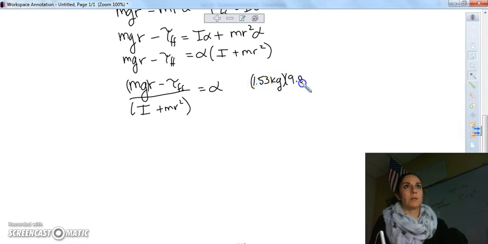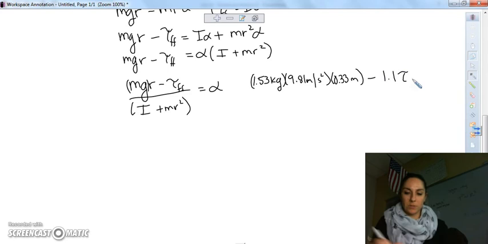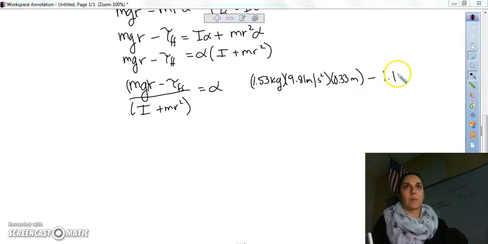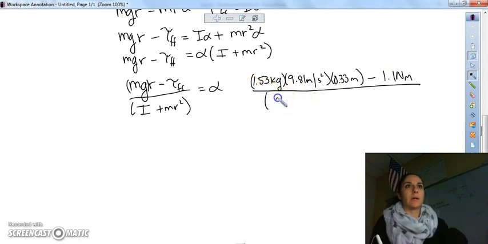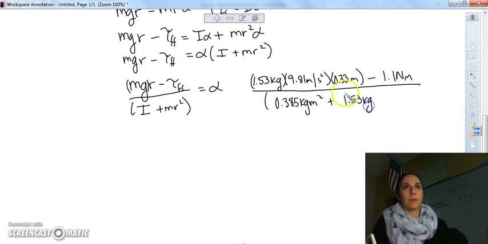Times g, times the radius, this is from the problem, 0.33 meters, minus the frictional torque, oops, that's not the units, newton meters, that would be the correct units, divided by the moment of inertia of the pulley, which we got from the previous part of this problem, plus the mass, and then we'll multiply that by the radius once again, squared. That's all equal to alpha.